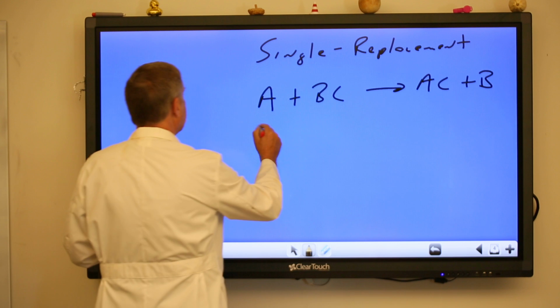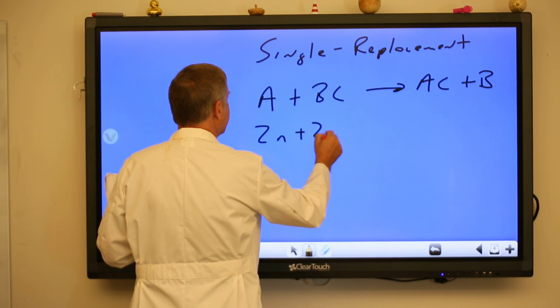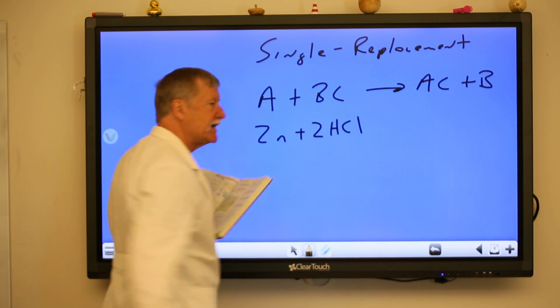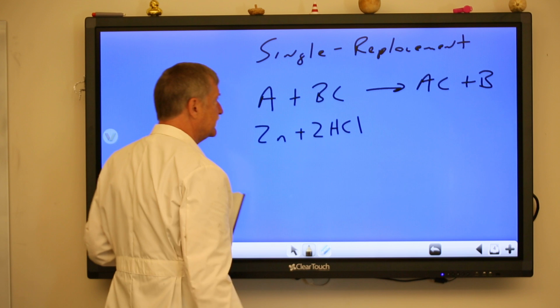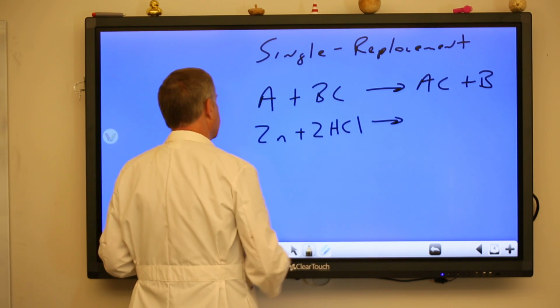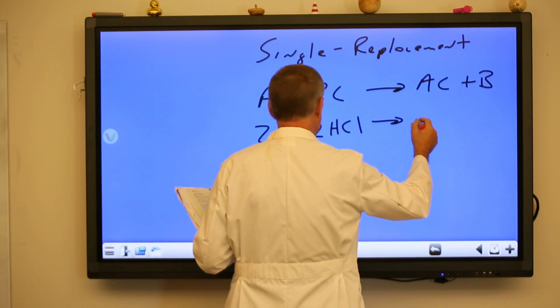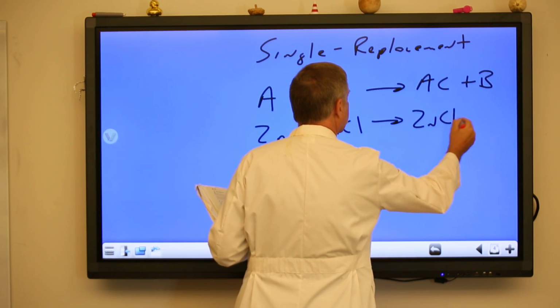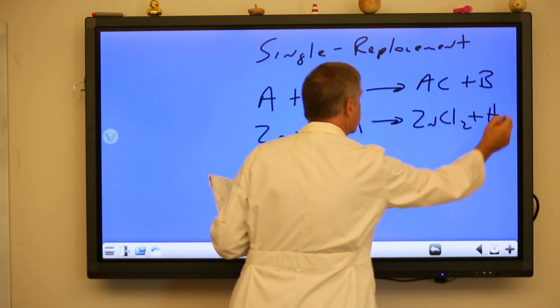That's something like, and this we would have done in the lab too, is to add zinc to hydrochloric acid, nasty stuff, all right? So we've got 2 reactants, all right? And notice that what's going to switch here is the zinc and the hydrogen so that we get zinc chloride plus the hydrogen.